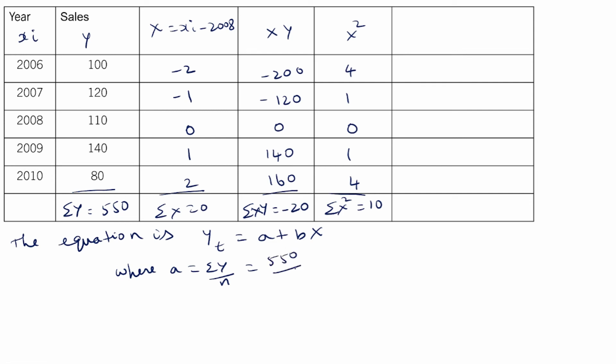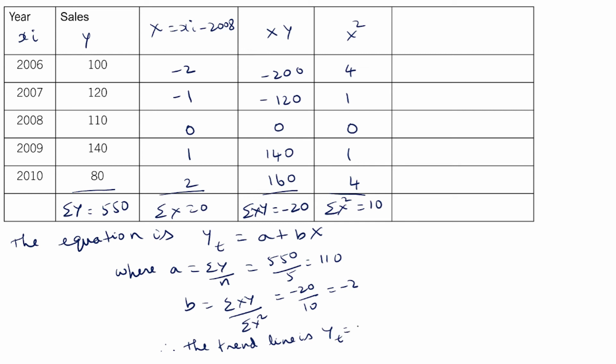So 550 by 5 is 110 and b is summation xy by summation x square. So summation xy is negative 20 and summation x square is 10. Minus 20 by 10 is minus 2. Therefore, the trend line is yt equal to 110 minus 2x. So this is the trend line.